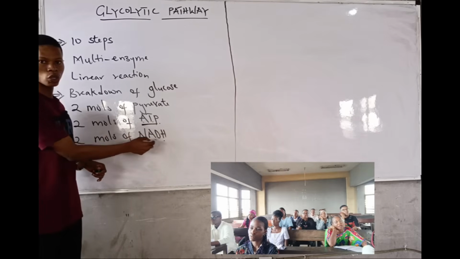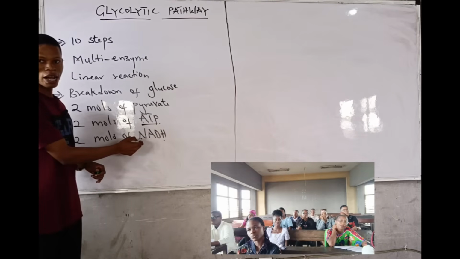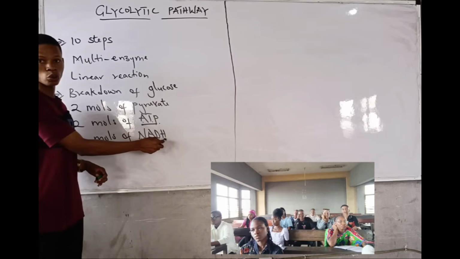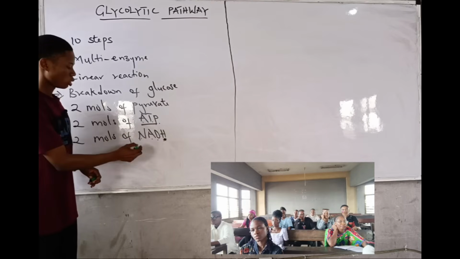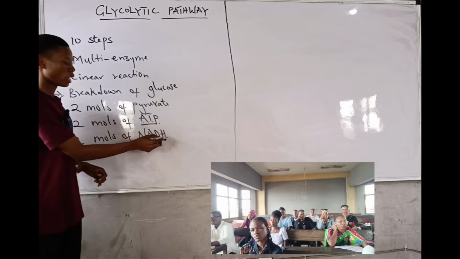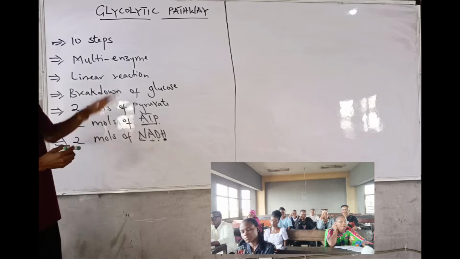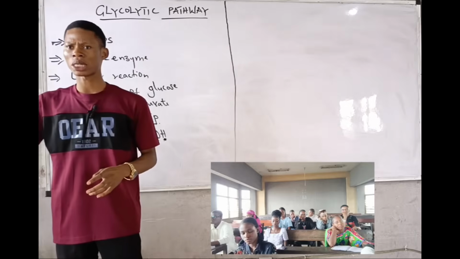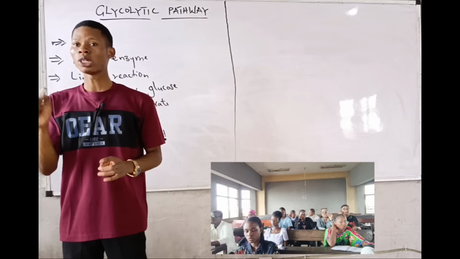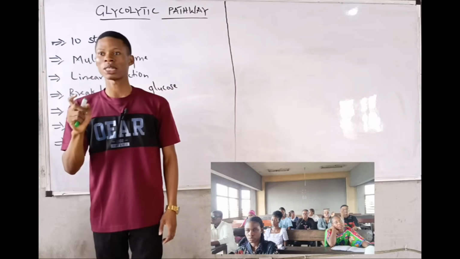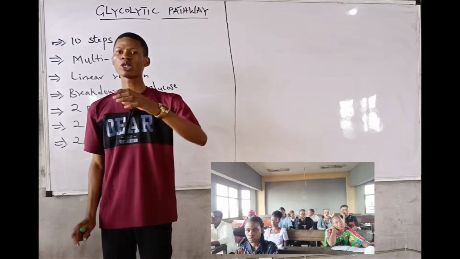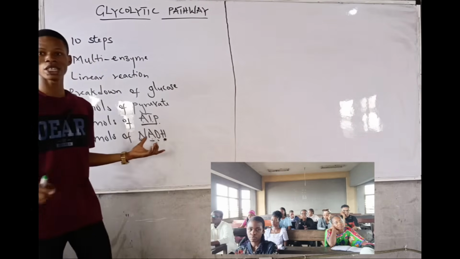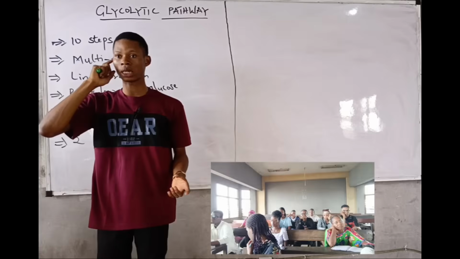And NADH is what? Nicotinamide adenine dinucleotide. The H shows it is reduced. Nicotinamide adenine dinucleotide reduced. Alright, so basically this is glycolysis, 10 steps, and it takes place in what part of the cell? The cytosol. It is important to note that it takes place in the cytosol, because when we get to the next pathway, we'll see how the product of this pathway gets into another compartment of the cell.